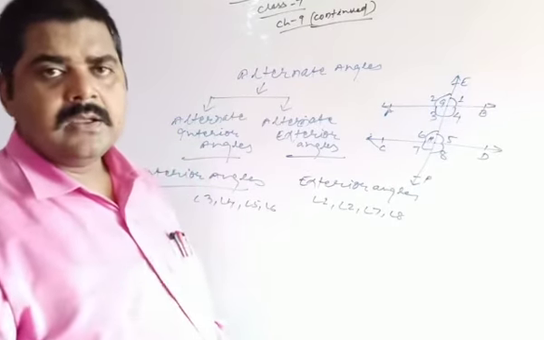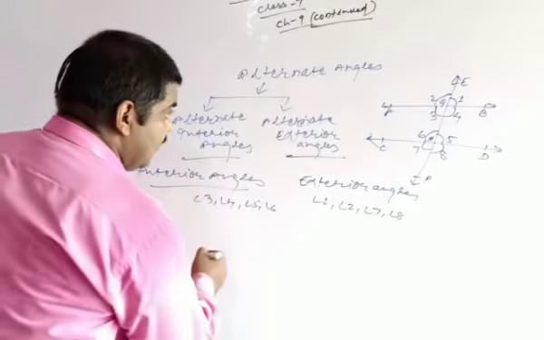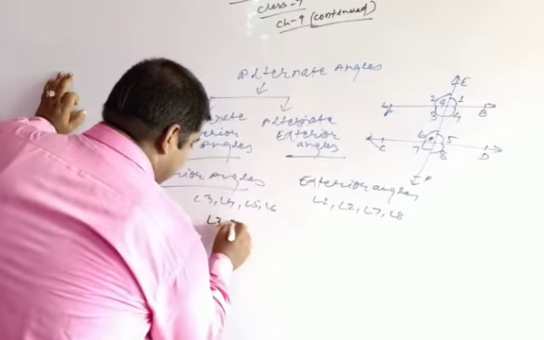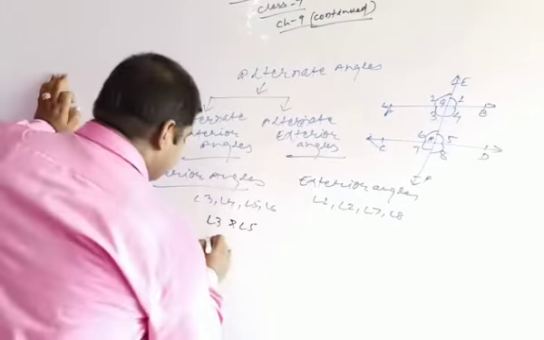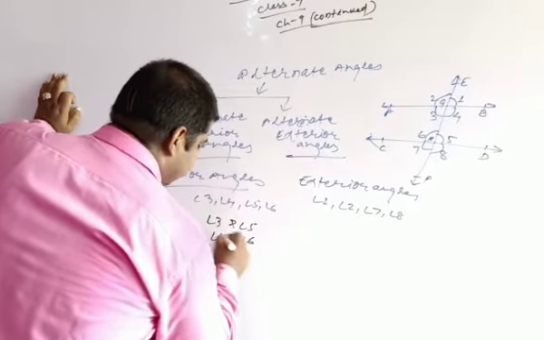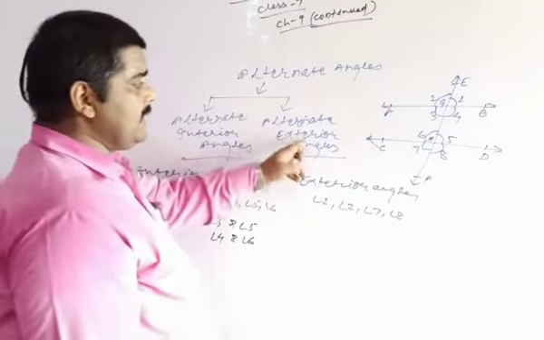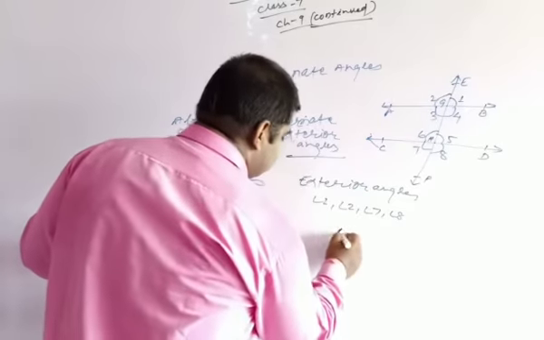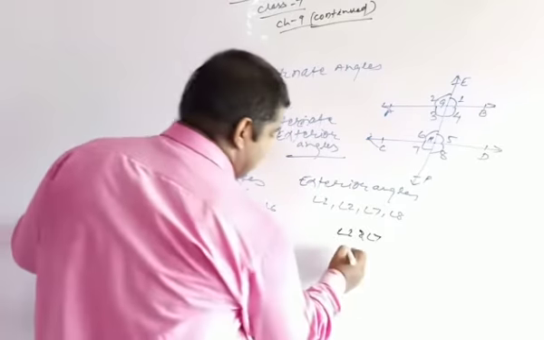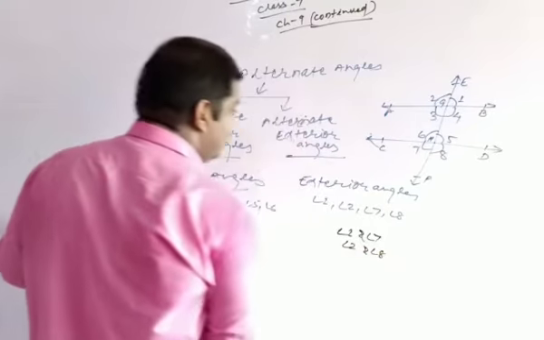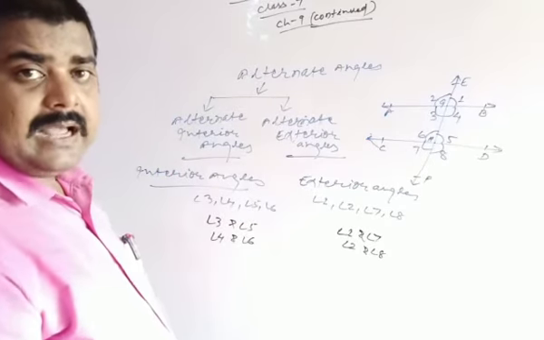Among the pairs of alternate angles, angle 3 and angle 5 are alternate interior angles, and similarly angle 4 and angle 6 are alternate interior angles. Angle 1 and angle 7 are alternate exterior angles, and angle 2 and angle 8 are alternate exterior angles. These four relations are regarding alternate angles.